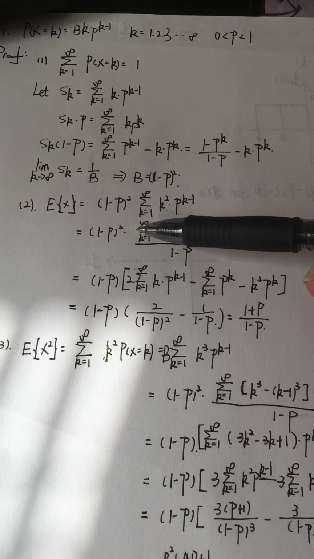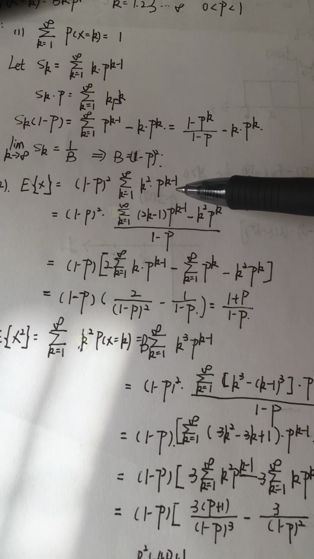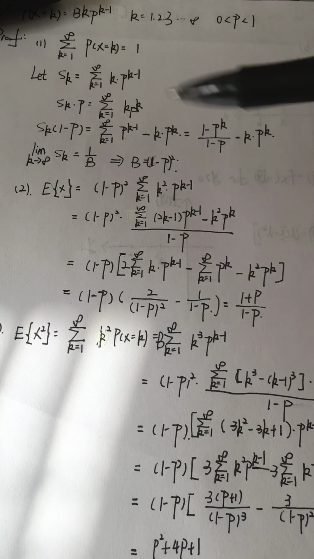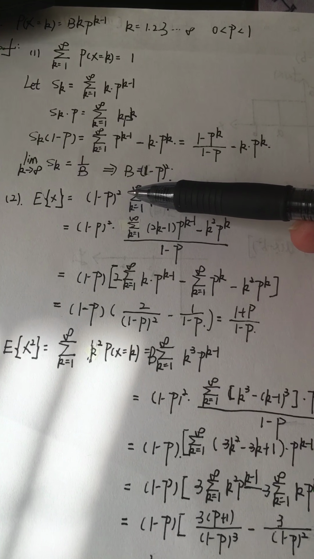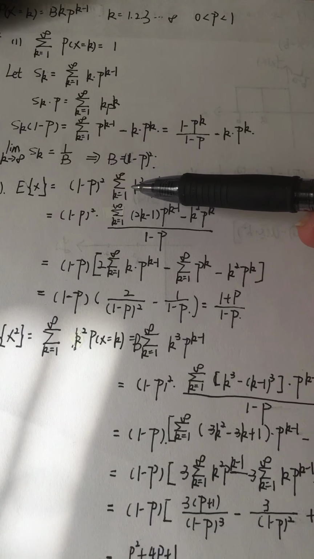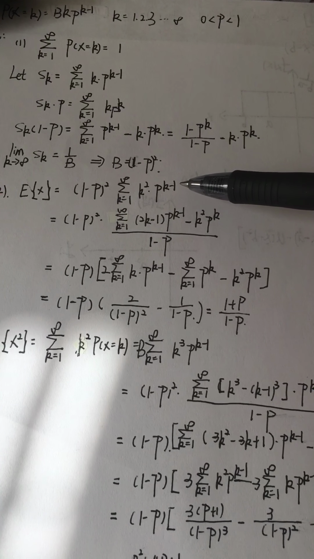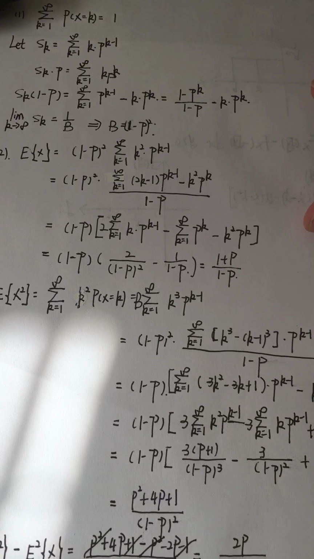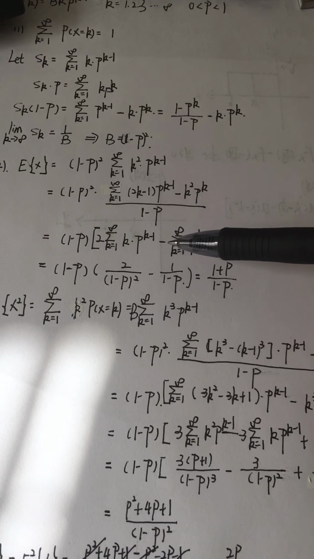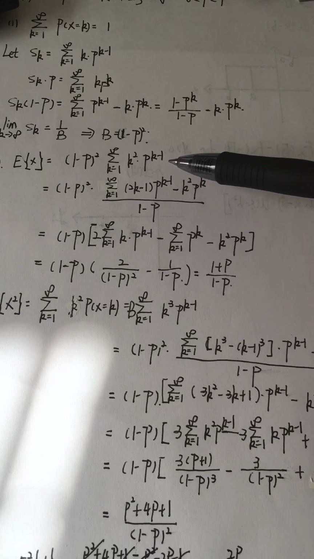And the next question, we want to find E(X). First, by definition, we know that E(X) is equal to (1 minus p squared) times the sigma of k squared times p to the power of k minus 1, and we can reduce this by dividing the sigma into two simple sigmas.